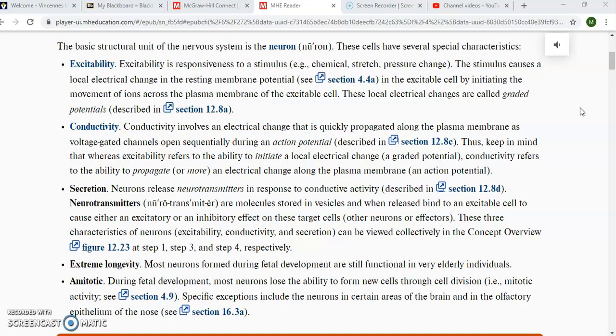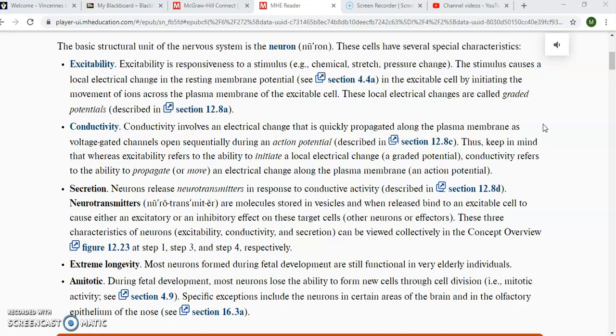So it's excitable. It's also conductive, which means that once it is stimulated, once it responds to a stimulus, it can take a signal from one end of the neuron.